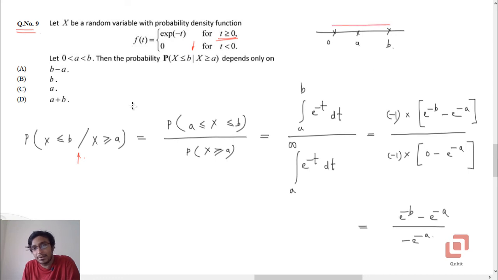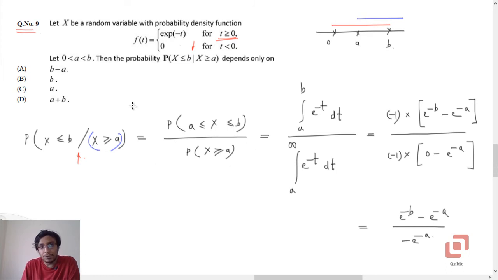Okay, x greater than or equal to a is this event. So their intersection has to be the event when x lies between a and b. Yes, and in the denominator we always take the probability of the conditional event. Okay, so it is probability that x is greater than or equal to a.